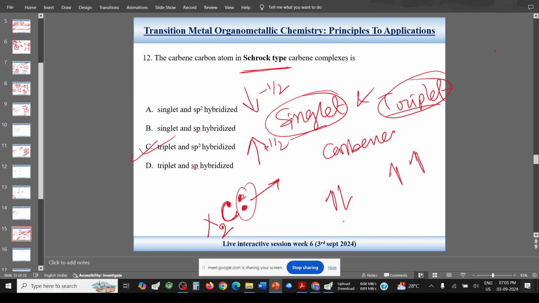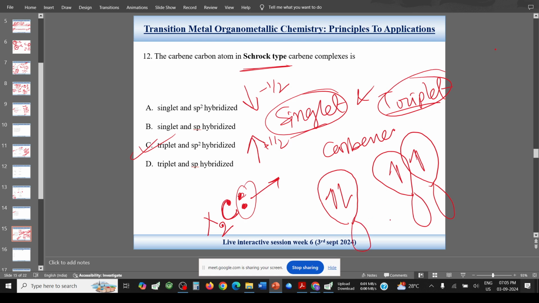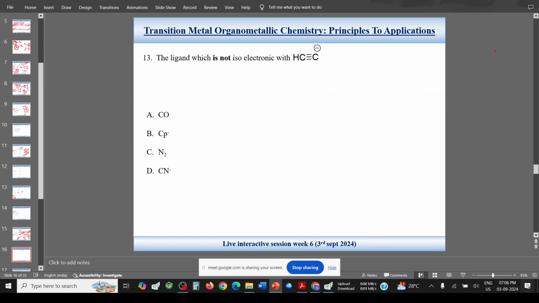For the singlet state, a pure p orbital contains the two electrons, whereas in the triplet state they will be in two different p orbitals. Okay, we will discuss this electronic configuration of triplet and singlet carbenes in more detail in an upcoming session.